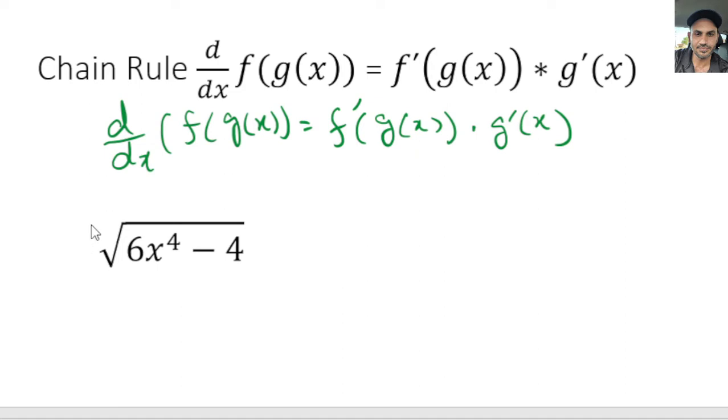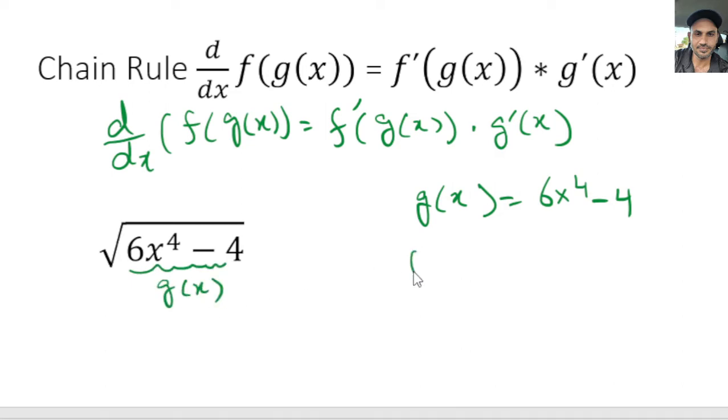If we break this expression into our main function and the input function, so if we look underneath the square root, we get 6x to the 4 minus 4. That is our input function. This is g of x.